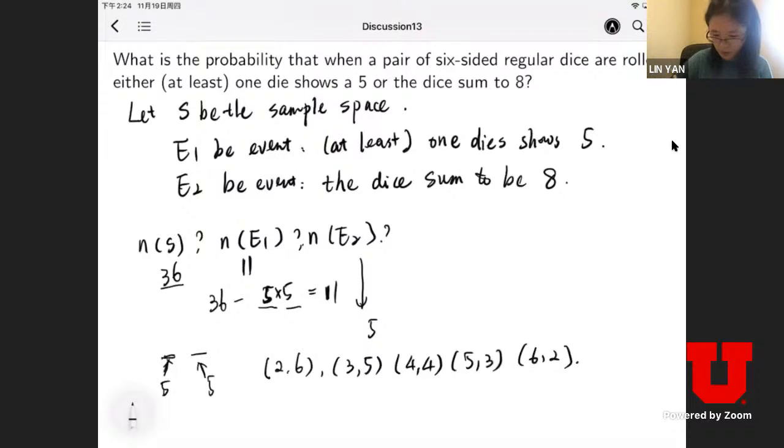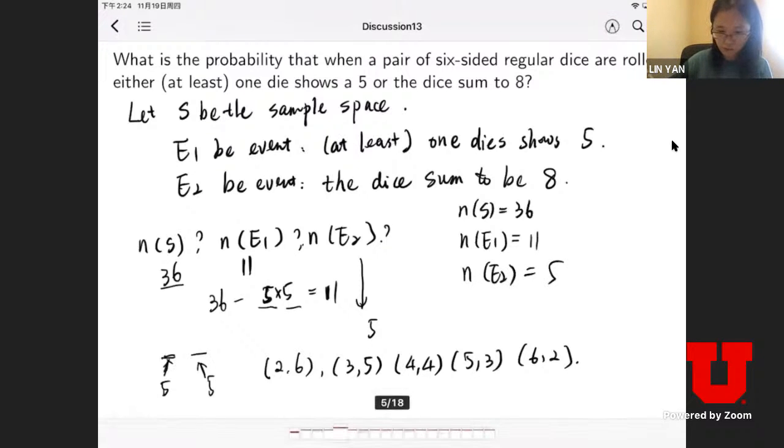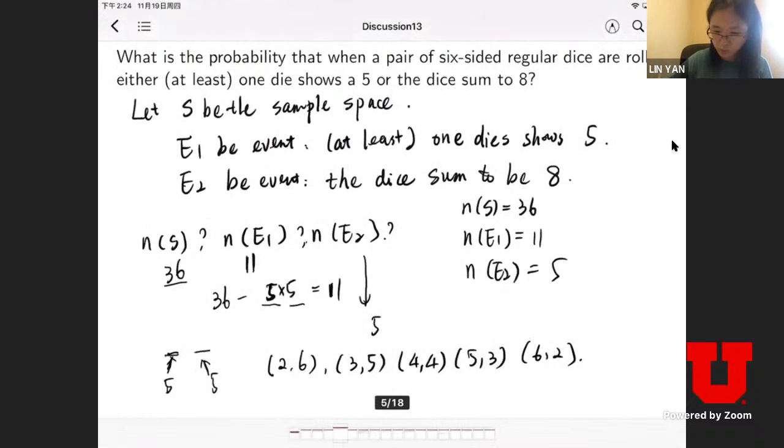So we have N(S) equal to 36, N(E1) equal to 11, and N(E2) equal to 5. And then we need to calculate the probability of E1 or E2.